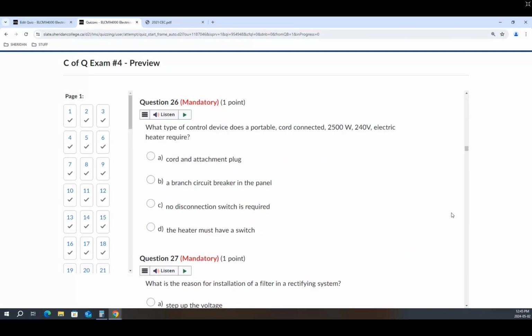Question 26. What type of control device does a portable, cord-connected, 2500 watt, 240 volt electric heater require?